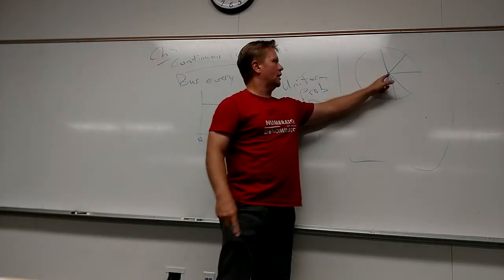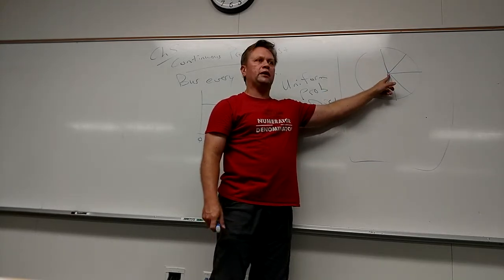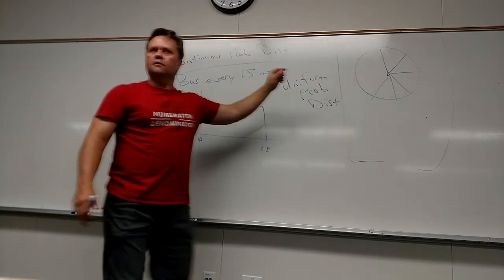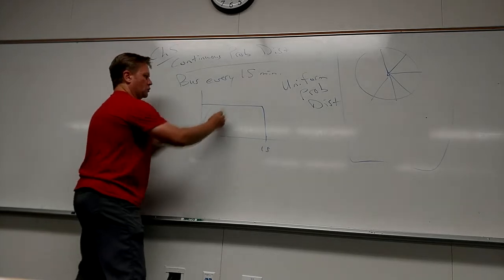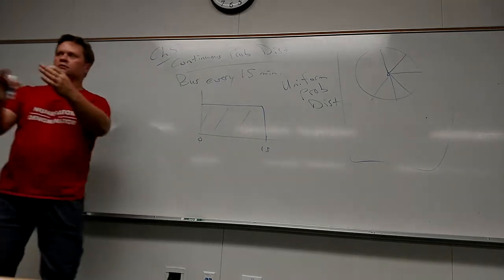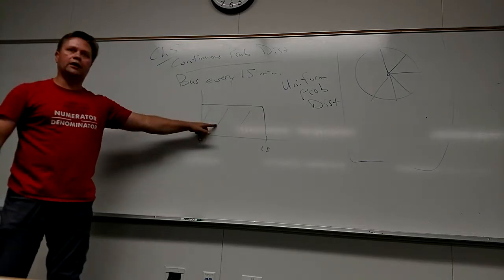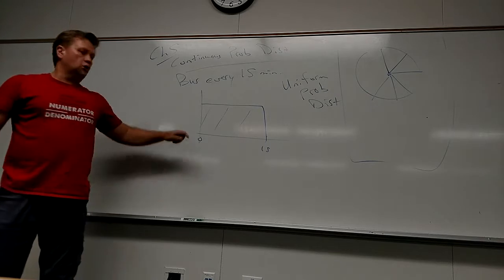So if that was 1% of the total area, then what's the probability somebody would randomly get it right there? 1%. So what's got to be the total probability of any situation? The total probability has to be 1. So the total area of this block has to be 1. How tall is this block?